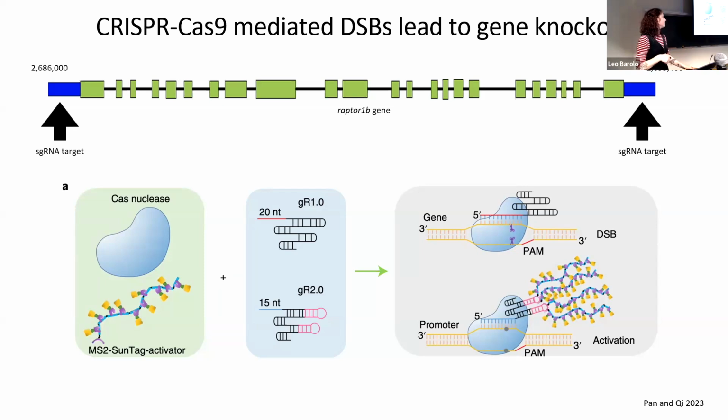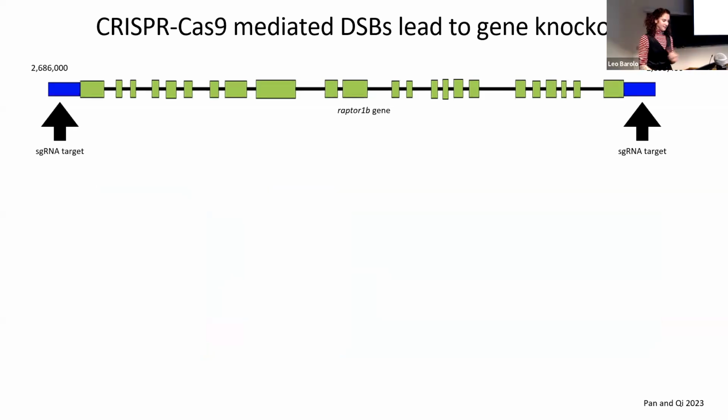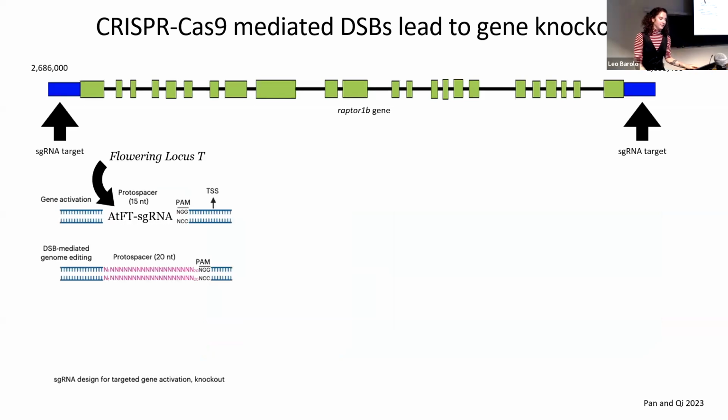But if you use a 15 nucleotide protospacer with these MS2 RNA aptamers that recruit these SunTags, you can generate transcriptional activation, which helps with the next piece of this, which is that if you add Flowering Locus T into this gene activation section of the plasmid, you can more easily screen for mutants, which reduces the time to finding mutant Raptor or mutant whatever plants you want to get.